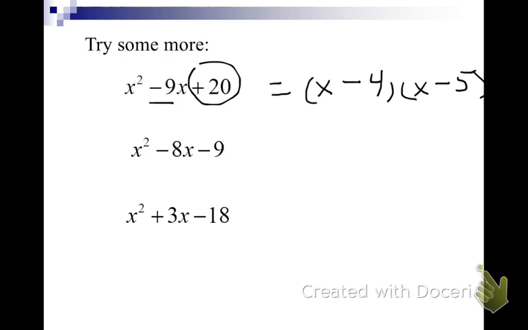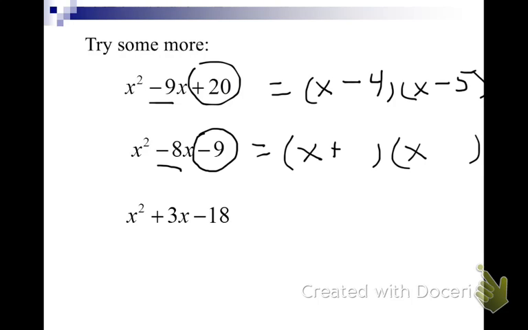All right, looking at the next one, what two numbers multiply to negative 9 and add to negative 8? Again, I'm going to start off just by putting some parentheses out here, and I'm going to put an x and an x in, and I'm saying, okay, what numbers multiply to negative 9 and add to negative 8? Well, I do know that if the last number is a negative 9, one of the numbers is going to be positive, and one of the numbers is going to be negative. Which one is going to be bigger? If the middle term is negative, the bigger number has to be negative.